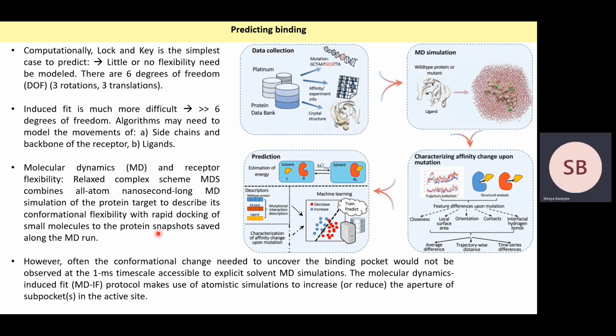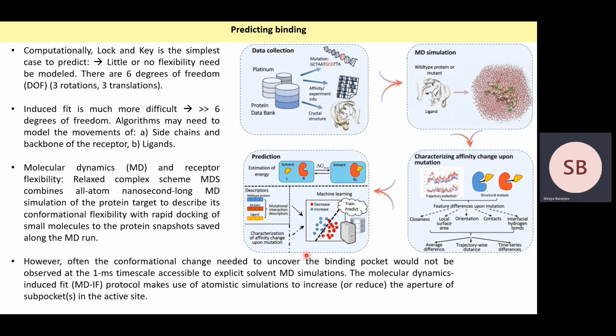In order to model the flexibility of the protein, molecular dynamics simulation is done, and snapshots are saved in the course of this molecular dynamics simulation to capture the different conformations of the protein. Then docking is done using small molecule ligands with each of these conformations of the protein to find that which has the best binding affinity.